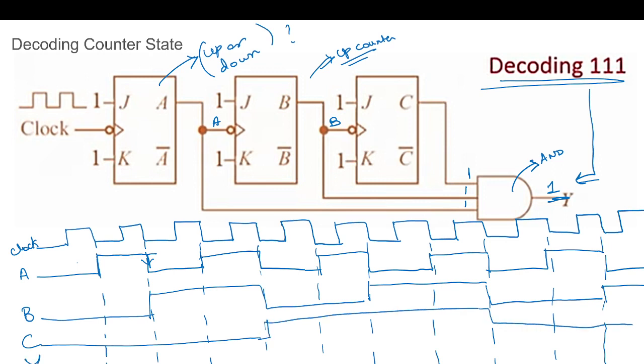And the decoding logic, which is A and B and C, ABC, is 1 at this edge when all three inputs are 1.